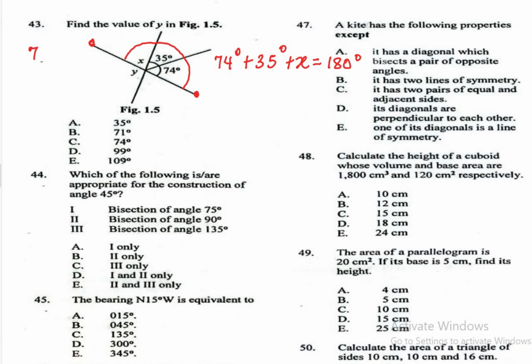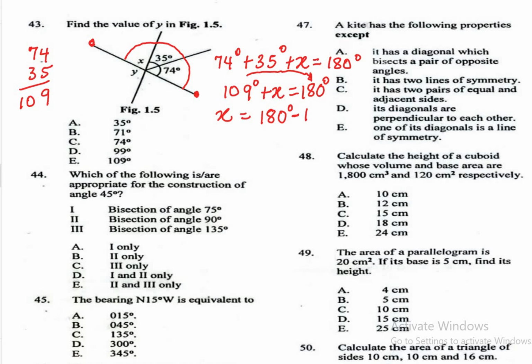So 74 plus 35: 5 plus 4 is 9, 7 plus 3 is 10, 109 degrees plus x will give you 180 degrees. To get the value of x, you move 109 to the right hand side. So x equals, as 109 crosses the equal to sign, it changes to minus 109 degrees. So the value of x is 180 minus 109, which gives us 71 degrees.